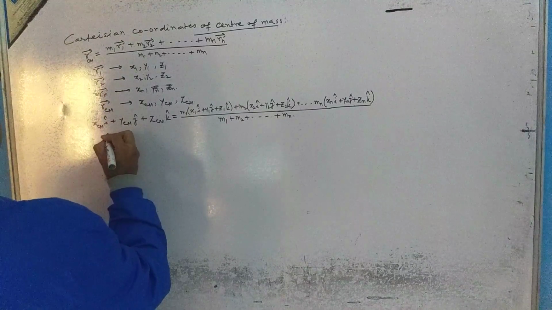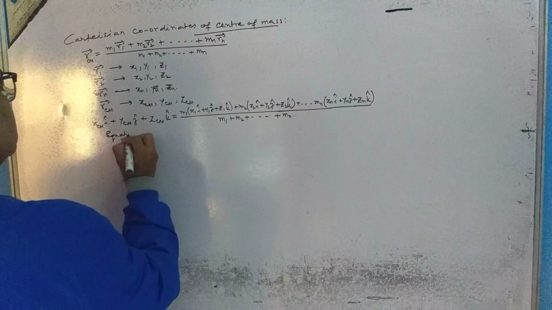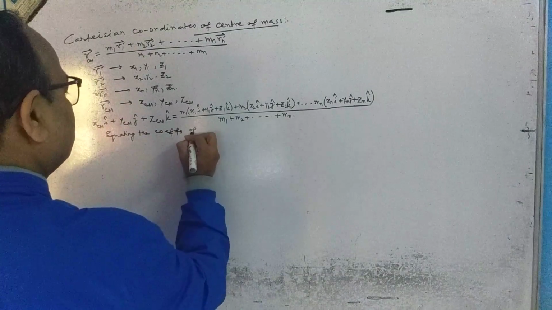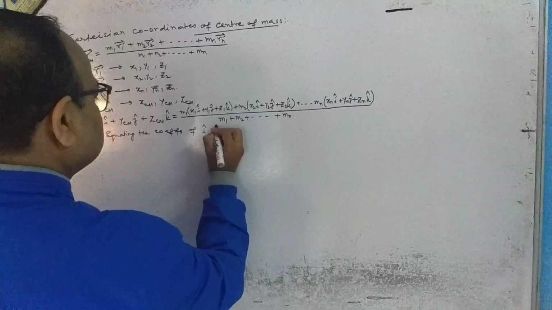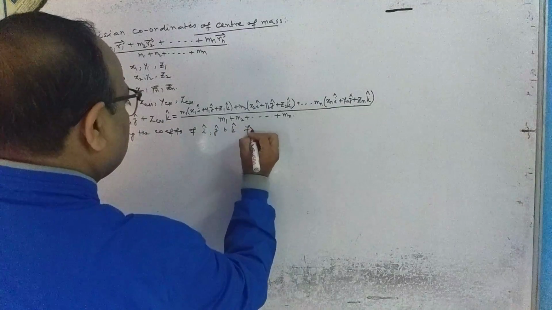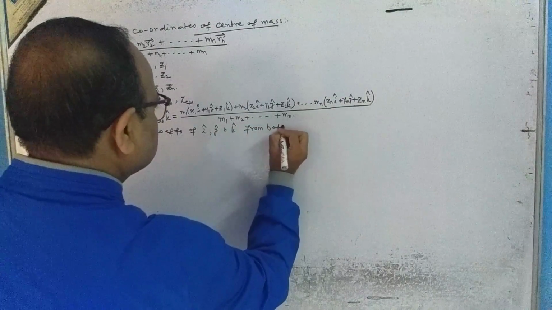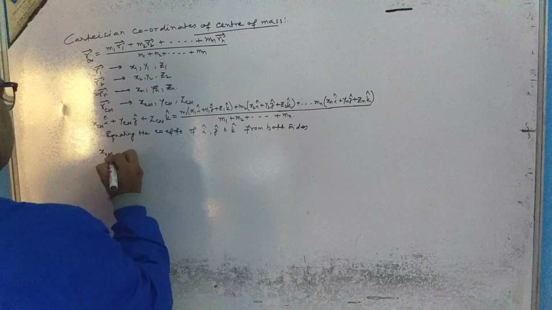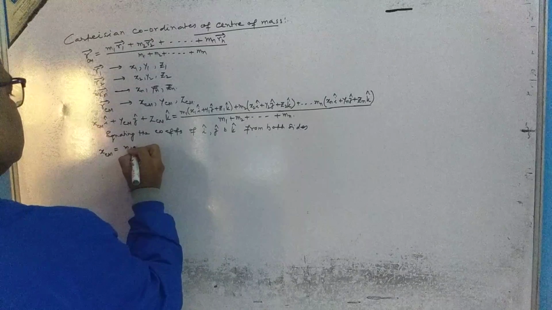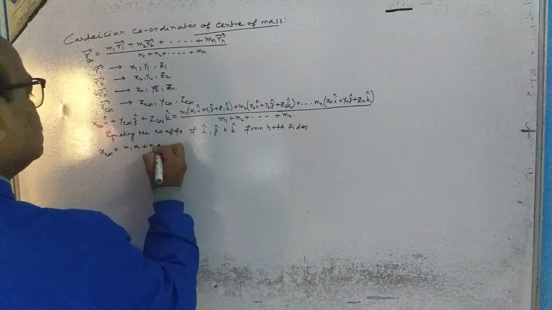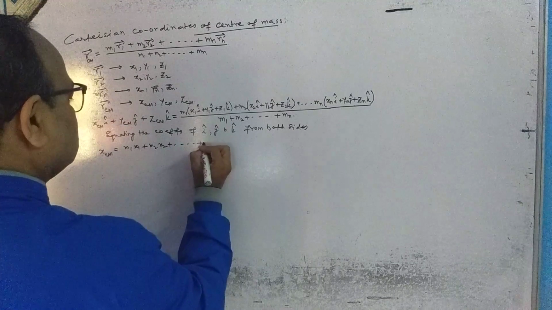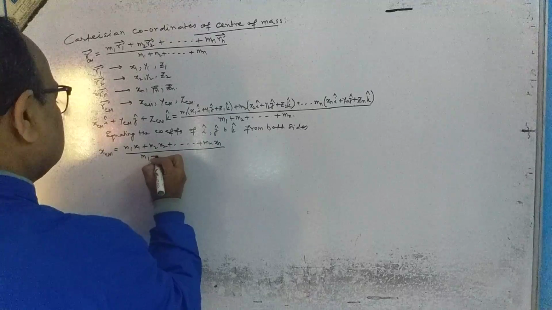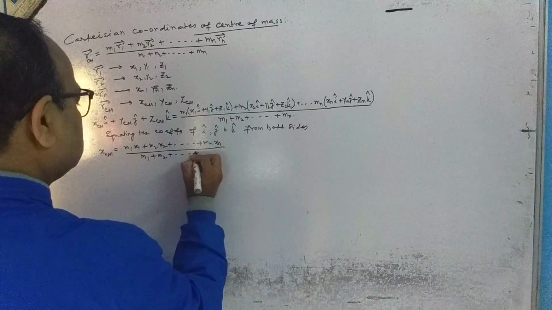Now I write here, equating the coefficients of i cap, j cap and k cap from both sides: xcm is equal to m1 x1 plus m2 x2 and so on up to mn xn, by m1 plus m2 and so on up to mn.